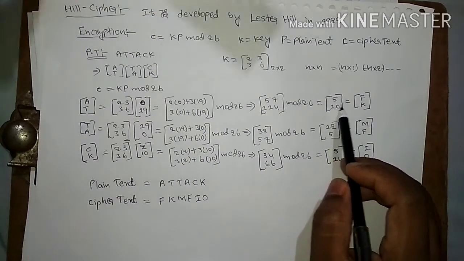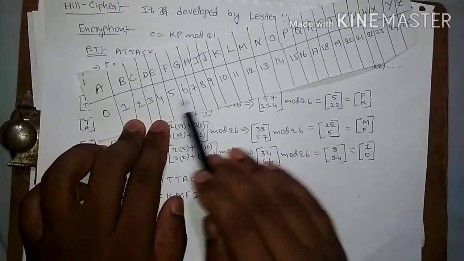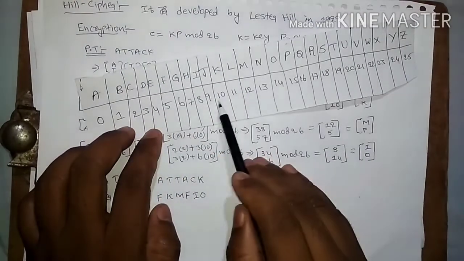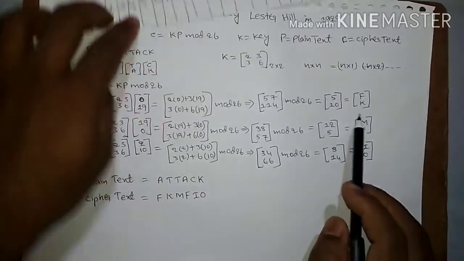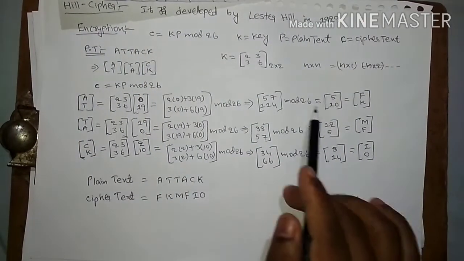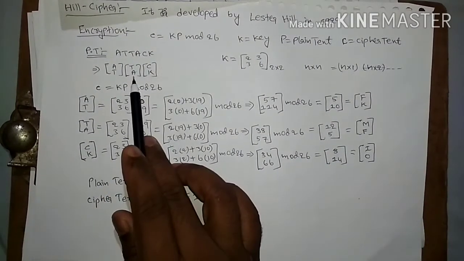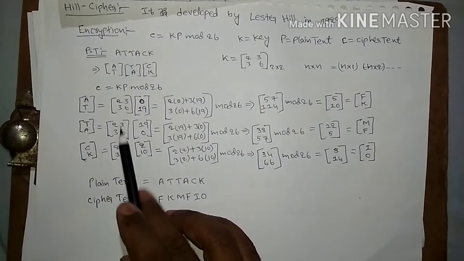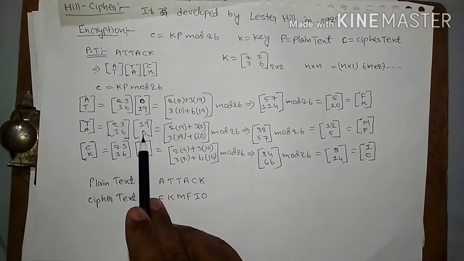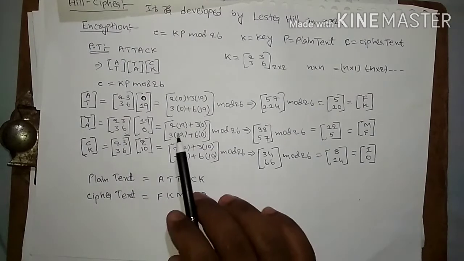So the ciphertext is generated. 5 value is F, 10 value is K. For the first plain vector, the ciphertext is FK. Next one, TA, same, key into plain text. T means 19, A equals 0.